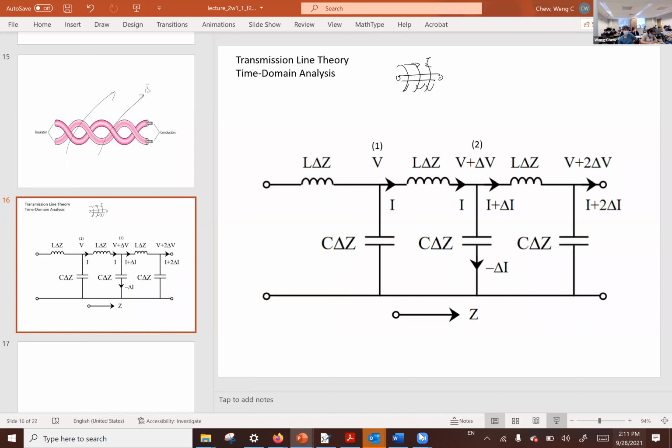If a magnetic field is generated, it will give rise to stored energy in the magnetic field. Stored energy in the magnetic field makes it behave like an inductive device. You can think of an inductor, which is used to store magnetic field energy.